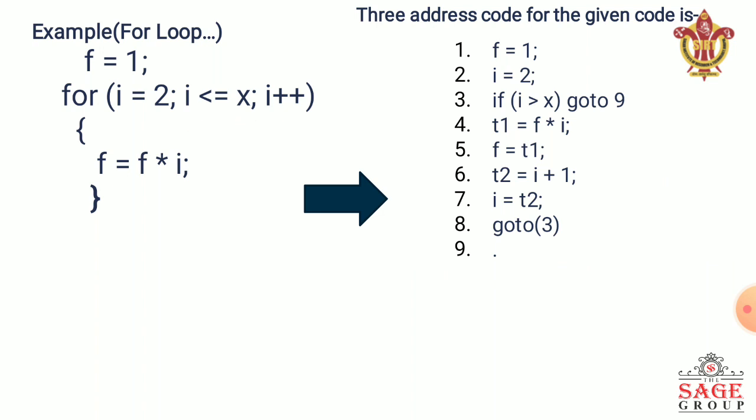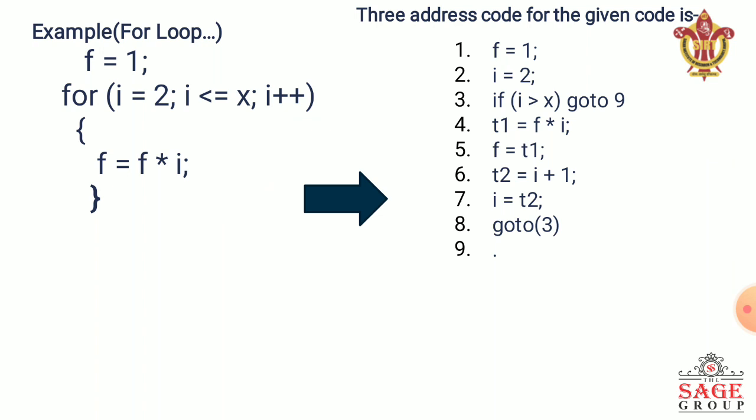And if this condition is false, meaning i less than or equal to x, then we execute f equal to f into i. So we write t1 equal to f into i, then f equal to t1. After the condition check and initialization, we increment our value, i plus plus.